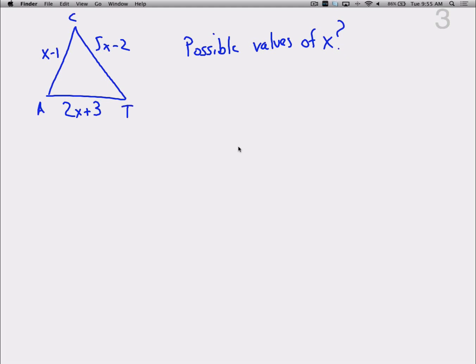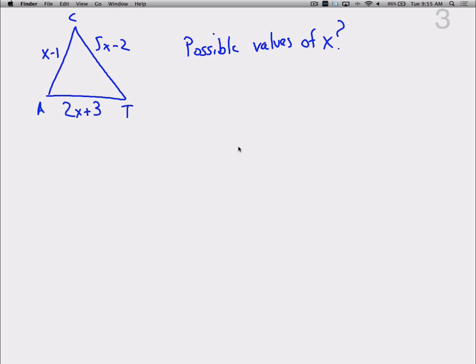The 3 scenarios come from, obviously 3 scenarios, but you can think of it in a couple different ways. You can think of the 3 scenarios as making one of those sides the smallest. You could think of it as making each one of those sides the largest. Or you can think of 3 scenarios where one of the sides is the middle one, but that doesn't make much sense.